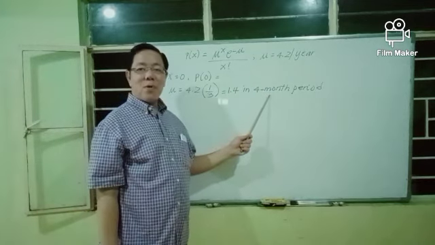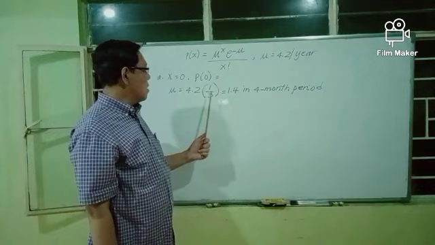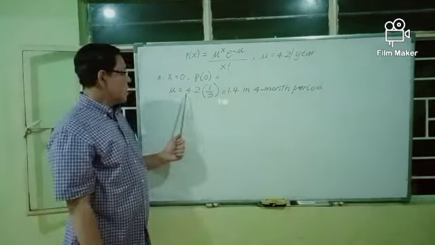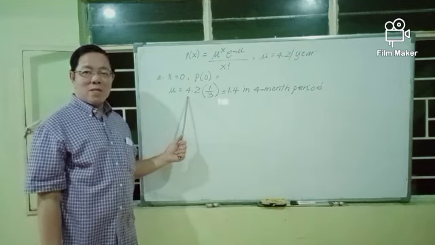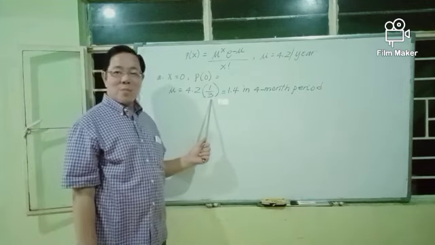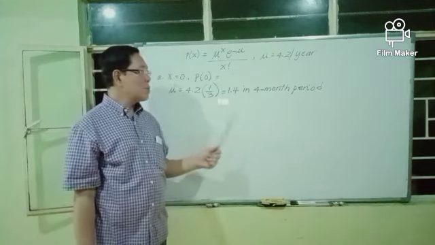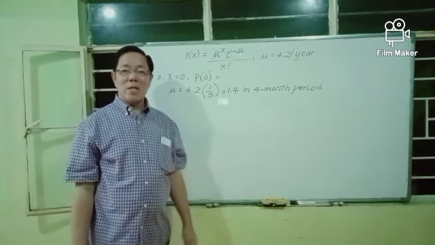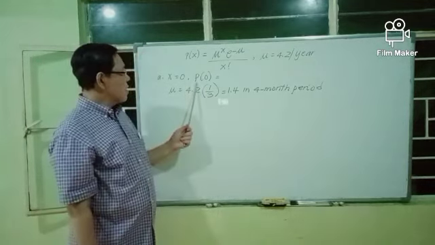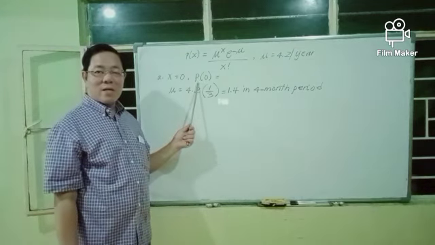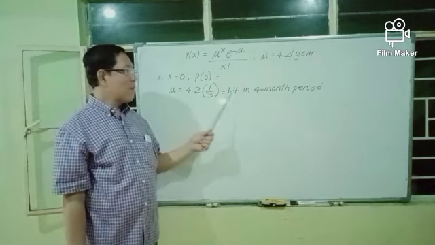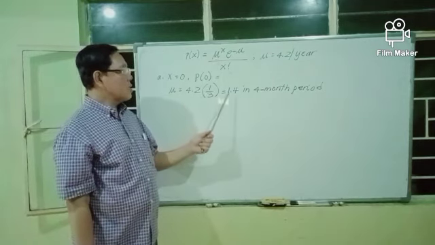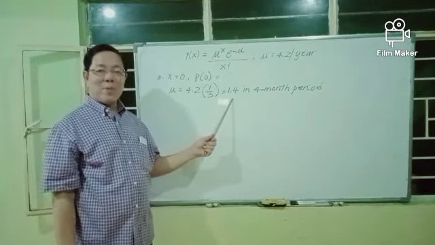For a 4-month period, the average number of power outages is 1.4. Obtained by multiplying the power outages in a year by 1/3 because 1/3 year is equal to 4 months. Or 4-month period is equal to 1/3 year. Now we calculate the probability that there is no power outages in a 4-month period. We have mu is 1.4 for 4-month period.